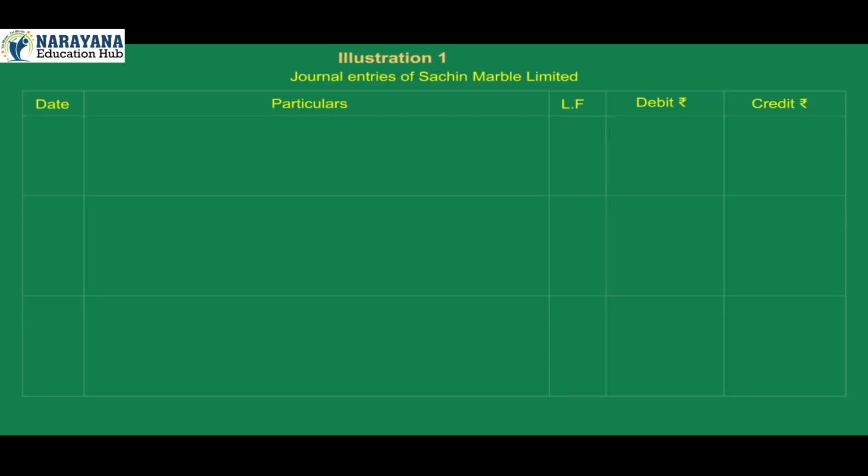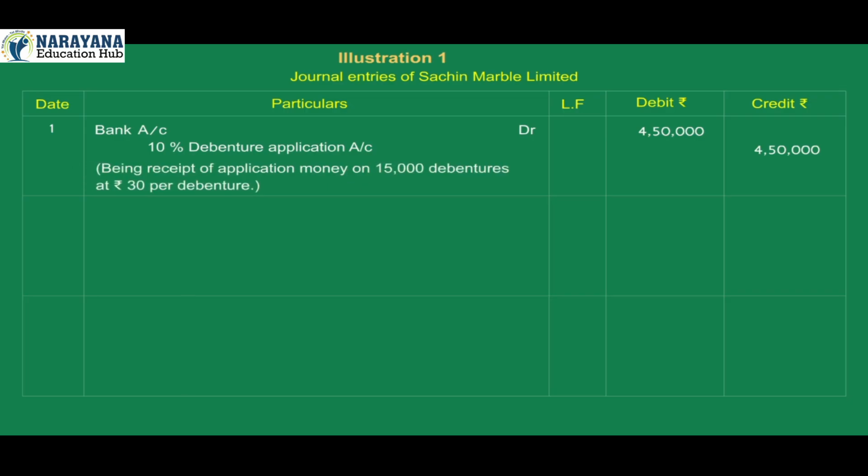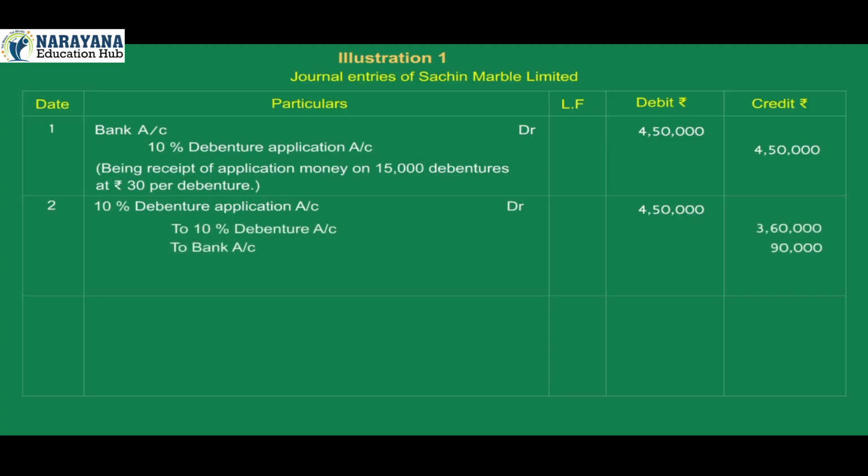Journal entries of Sachin Marble Limited. Date, particulars, ledger folio number, debit, credit. 1. Bank account debit 4,50,000, to 10% debenture application account credit 4,50,000. Being receipt of application money on 15,000 debentures at ₹30 per debenture. 2. 10% debenture application account debit 4,50,000, to 10% debenture account credit 3,60,000, to bank account credit 90,000.